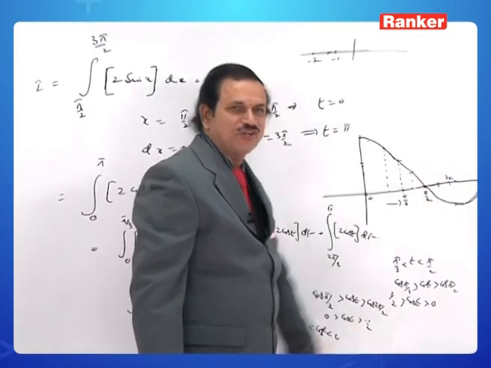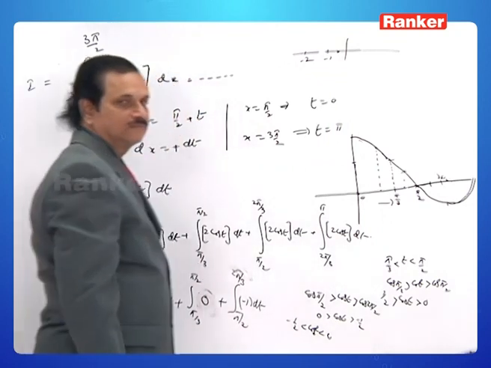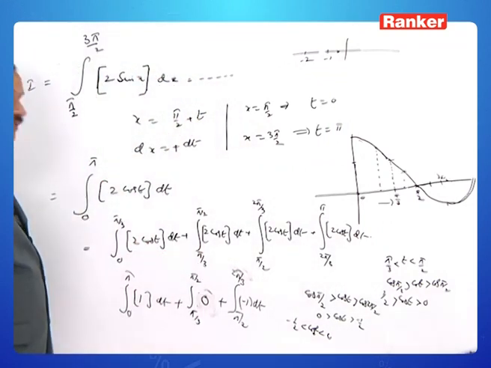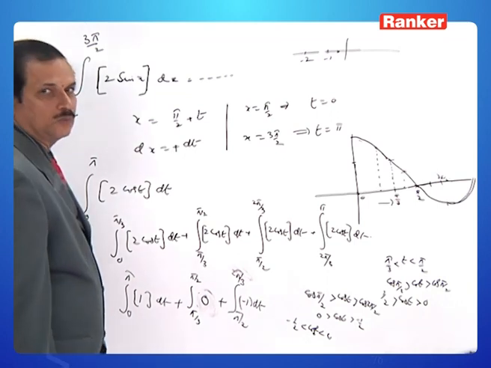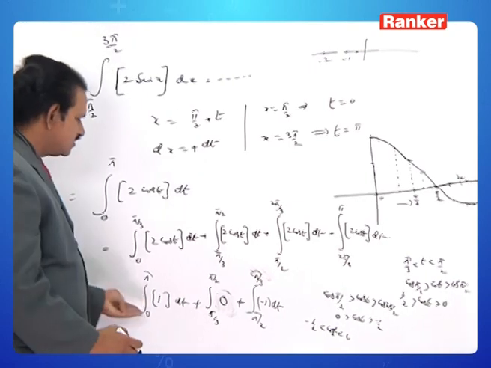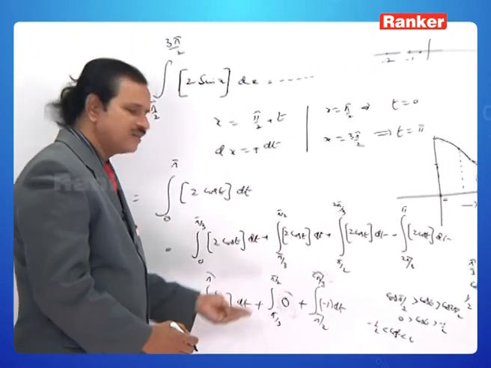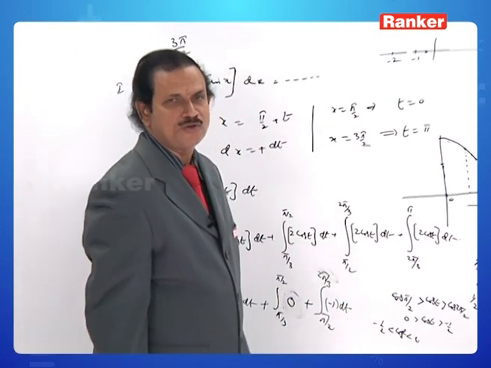Cos pi is less than 0, so it lies here, and for that also it is minus 1. Like that you have to split the interval, and these integrals are very easy to obtain. You can get them with simple numerals.